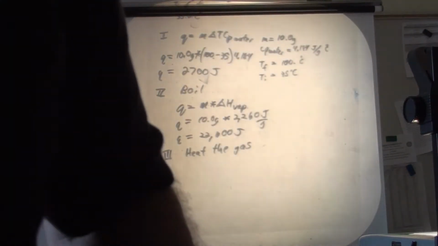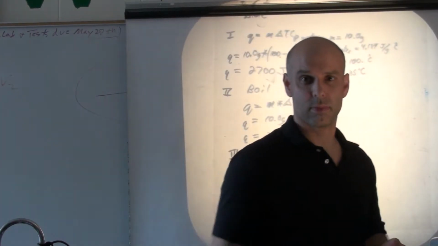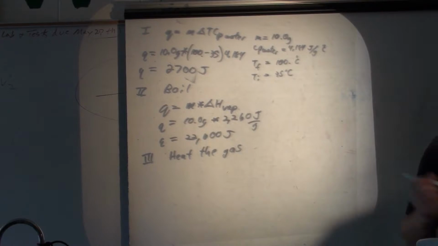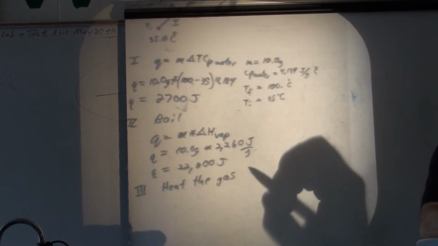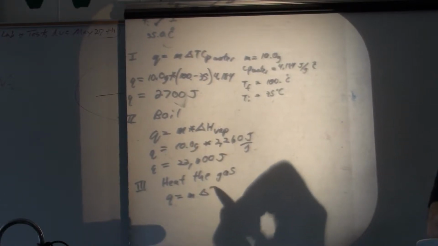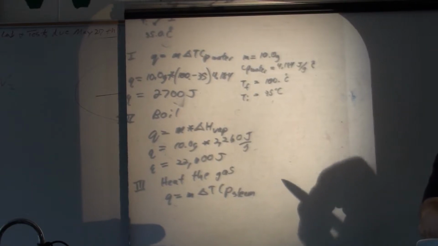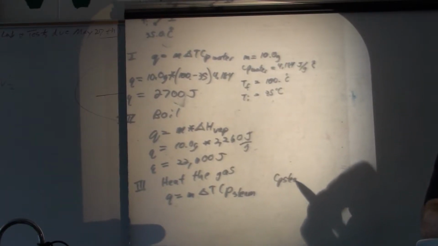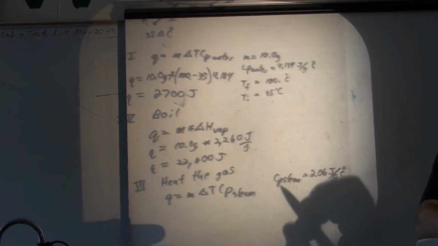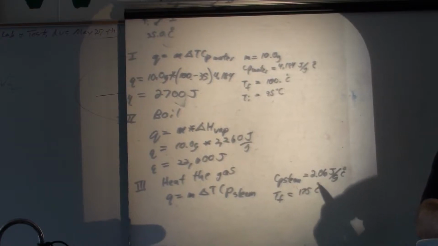So Q is equal to M delta T Cp, but now the Cp is for steam. Specific heat of steam is 2.06. The final temperature is 175.